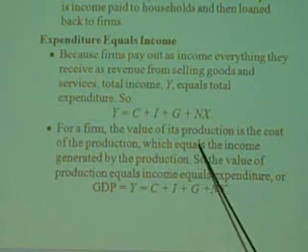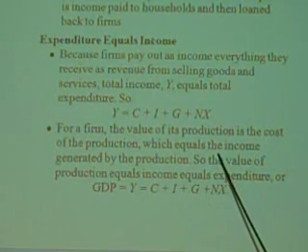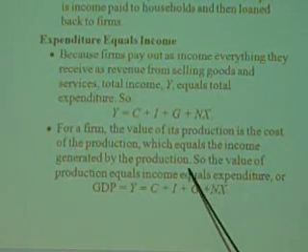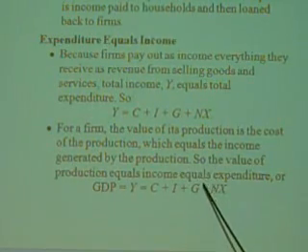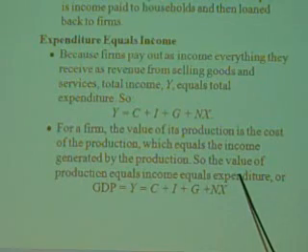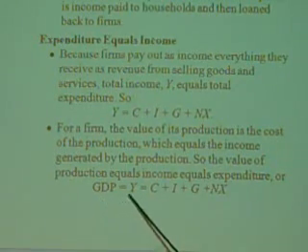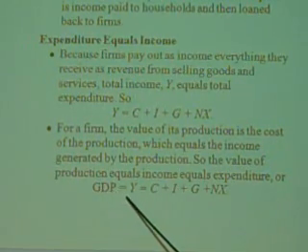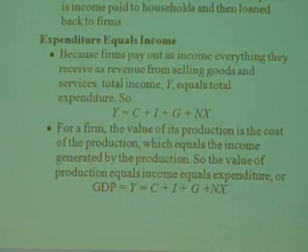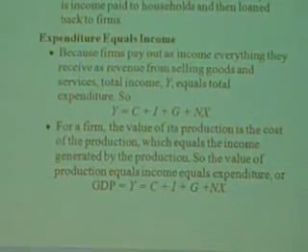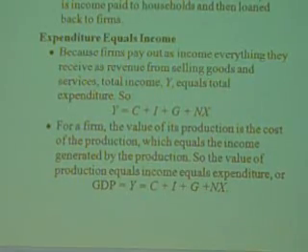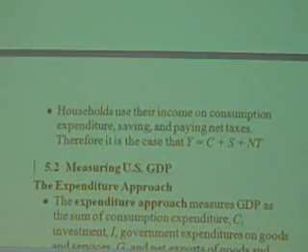And then for a firm, the value of its production is the cost of the production, which equals the income generated by the production. So the value of production equals income, which equals expenditure, or our GDP. So the GDP is the same thing as the firm's expenditure, which is C plus I plus G plus NX. "Signix" is perhaps one way to remember that.